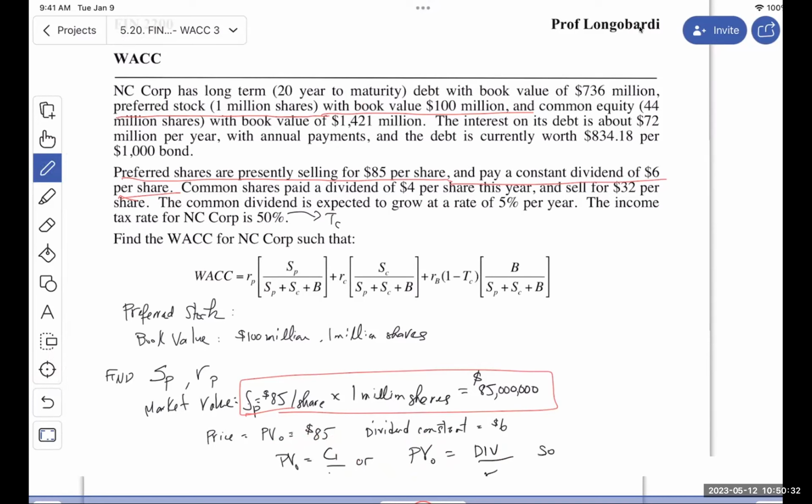So $85 equals 6 over RP. So RP is 14.17? No. Why do you have 14? 6 divided by 85 is 0.0758.